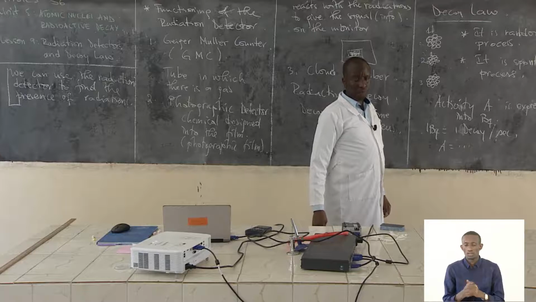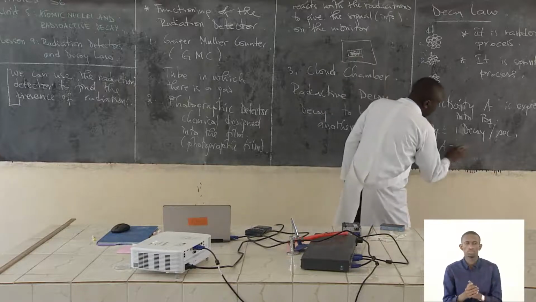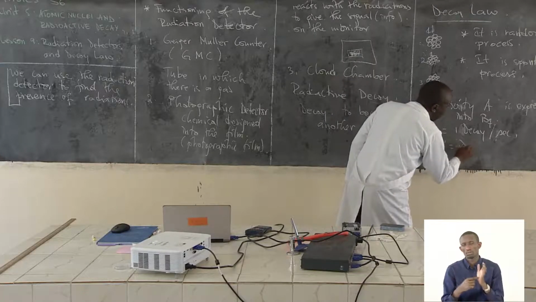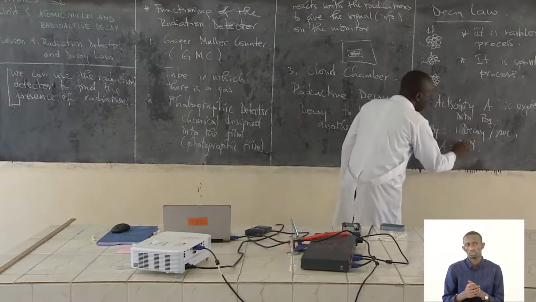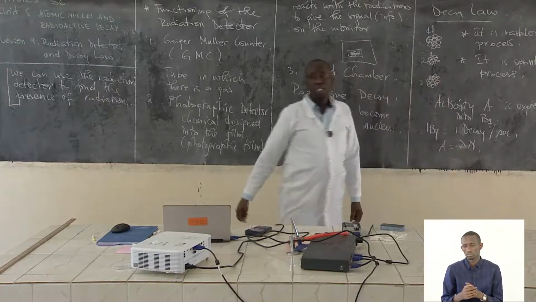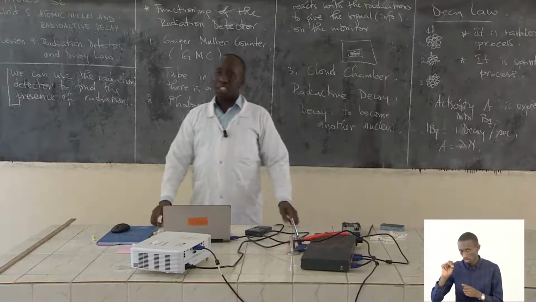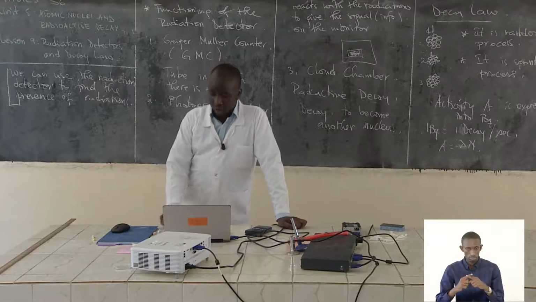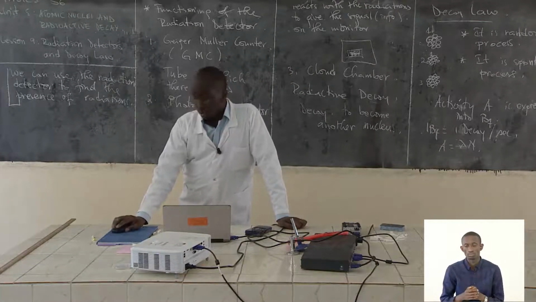Do you understand that? So here we have, let's be quick, A equals lambda times N, and then we need to understand what the lambda is and what the N is.